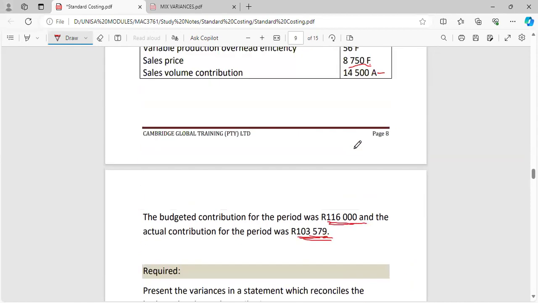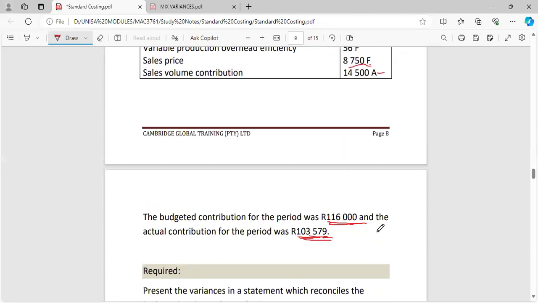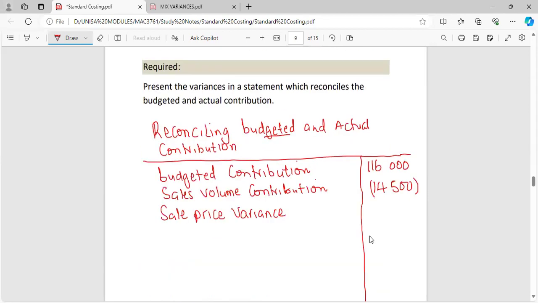So what is important when you are answering your questions is this adverse or favorable. It's very important when you are answering this kind of question. So let's look at the adjustment based on the sales price variance: 116 minus 14 plus 8,750.